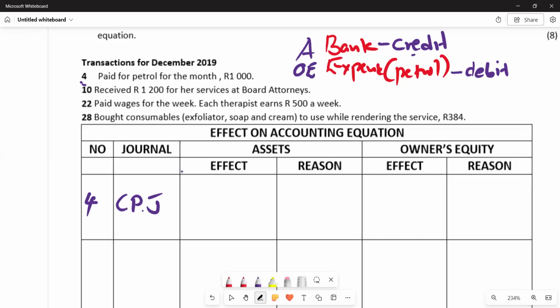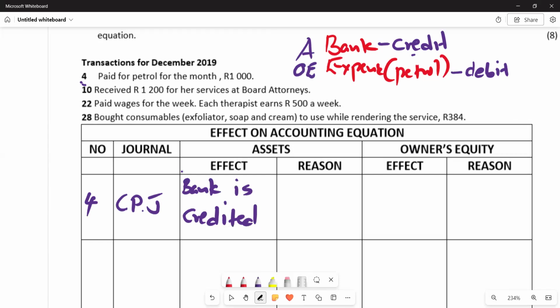Then all the assets, we are crediting an asset. What effect is it? We are going to credit our bank. So we can just say bank is credited. The reason of crediting bank is that we want to decrease the assets.